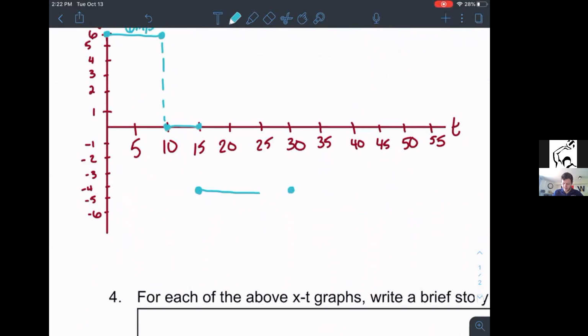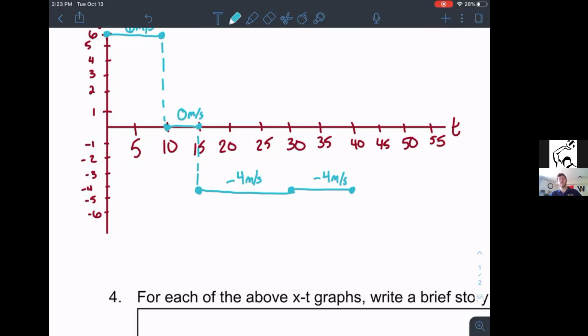So all the way from 15 to 30 seconds. And we're going to connect these dots. But then from 30 to 40 seconds, it stayed at -4. So all the way until 40 now, we're going to stay at -4 meters per second. So it did not change.